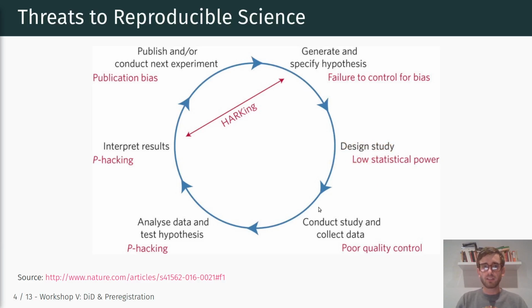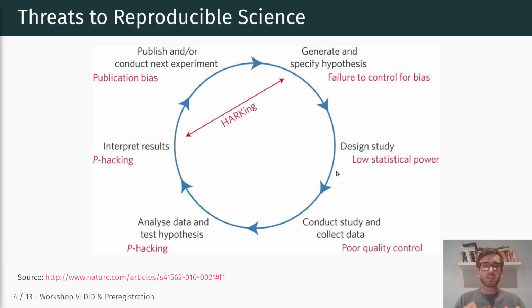We design a study, we collect data, then we analyze these data to test our hypothesis, we interpret the results, and we publish the results and then potentially conduct a new experiment. And then ultimately the process continues based on the previous results. We generate new or more specific hypotheses, design new studies, and so on, right? So that's the scientific method and progress in a nutshell, right?